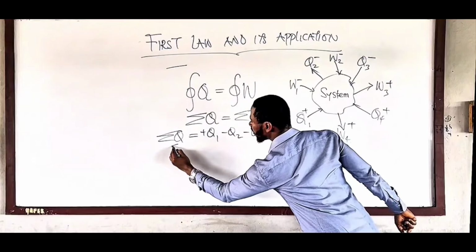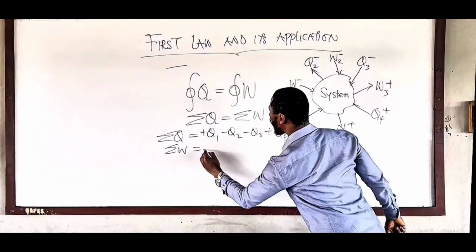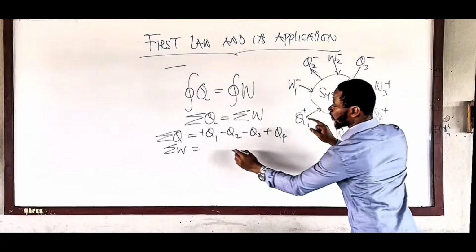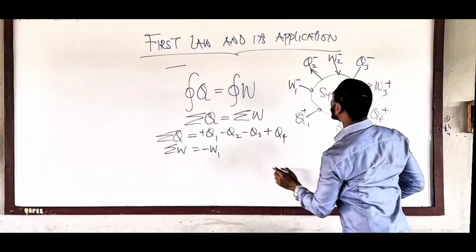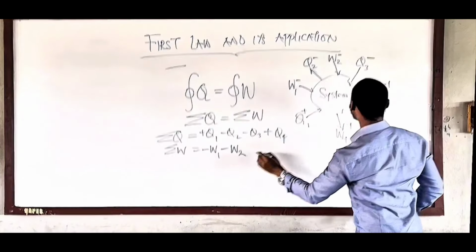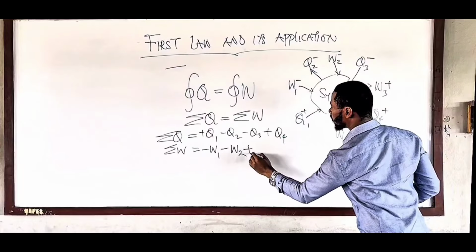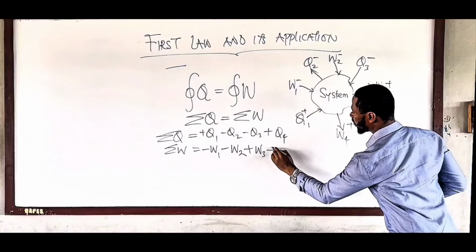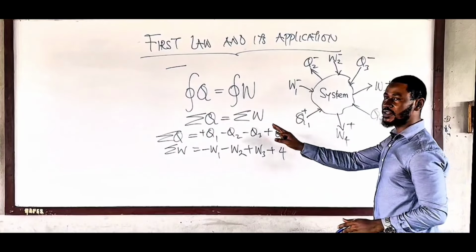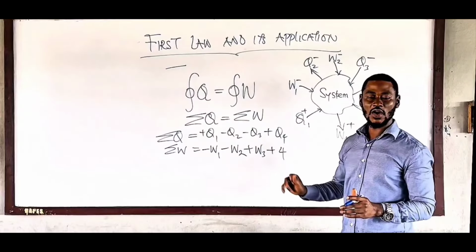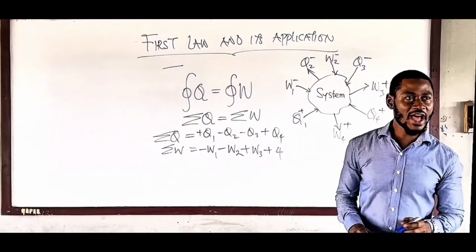Similarly, summation of W equals W1, negative, W2, negative, W3, positive, and W4, positive. When you equate these two together, you have the first law of thermodynamics applied to a closed system.